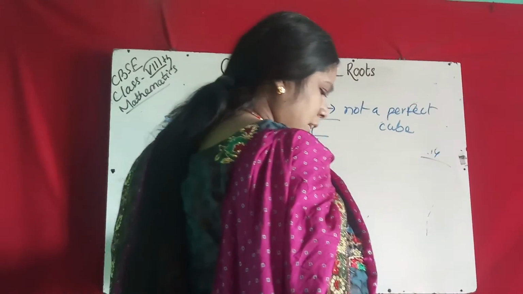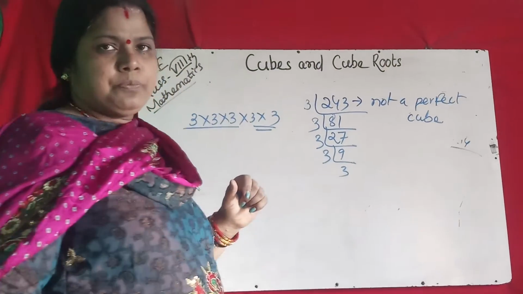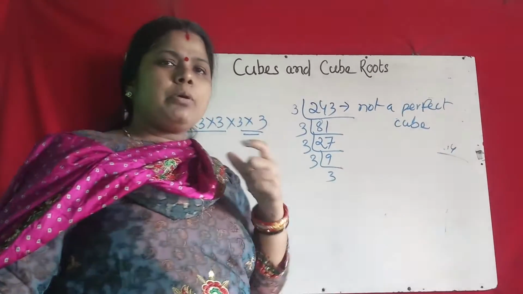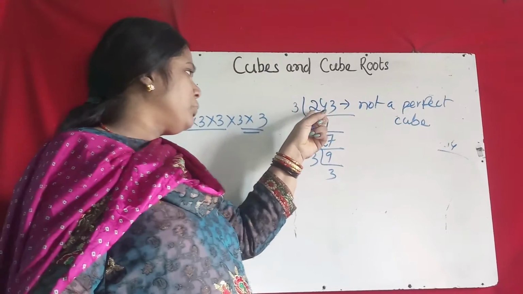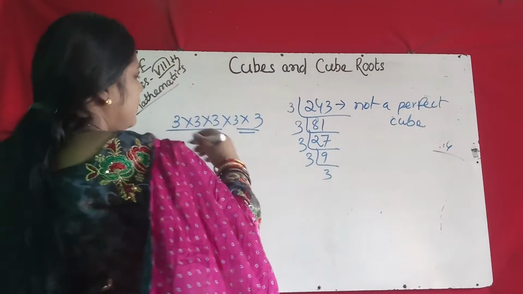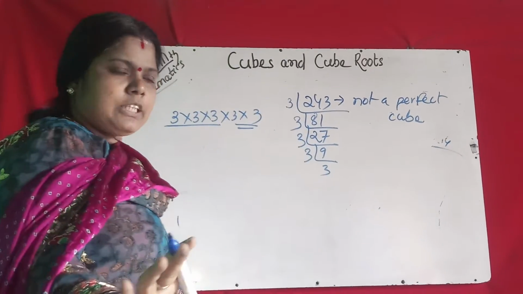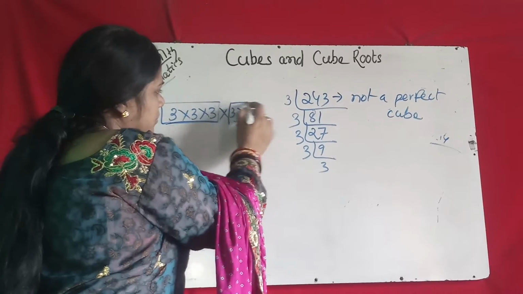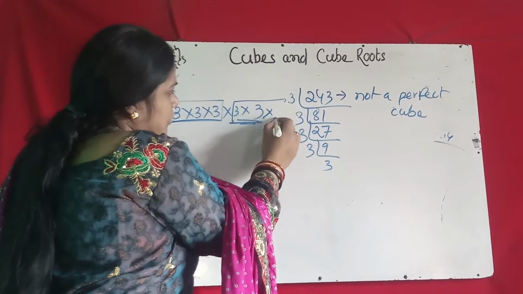So to make it a perfect cube, what will you do? Suppose the question asks which minimum number you must multiply 243 by to get a perfect cube. Here you just find the prime factorization. You got 3 threes here, that is okay. Then here 2 numbers. To complete the group, you need another 3.